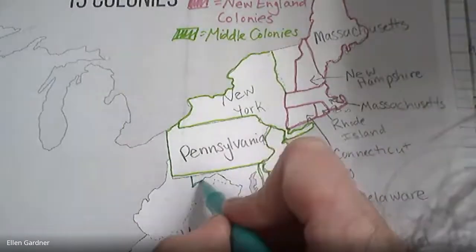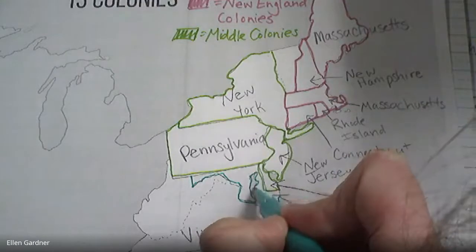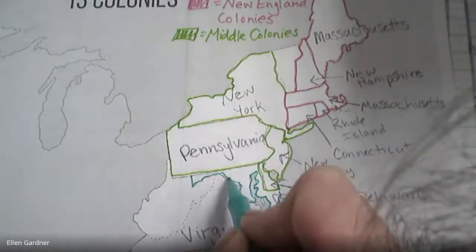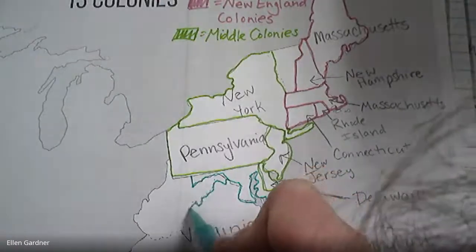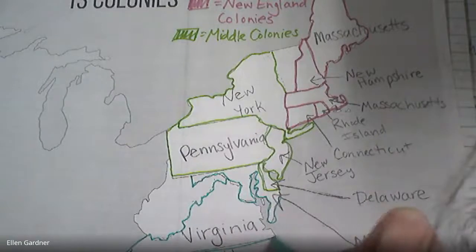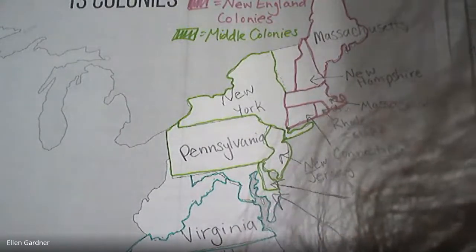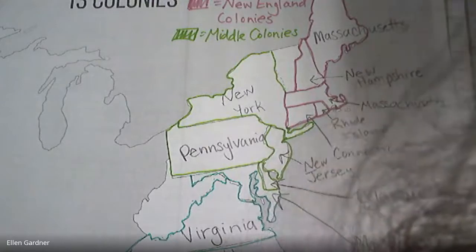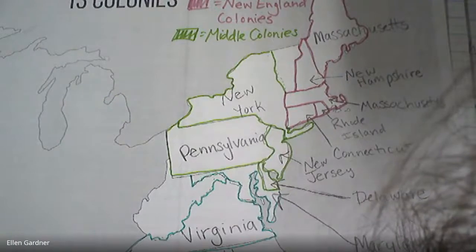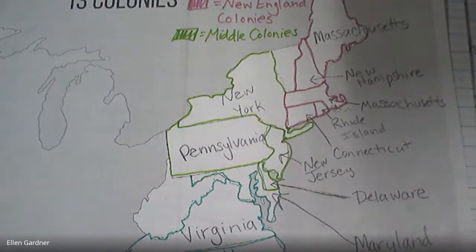Okay, so the final one is Southern colonies. If you want to take your time and make it more precise, you can.